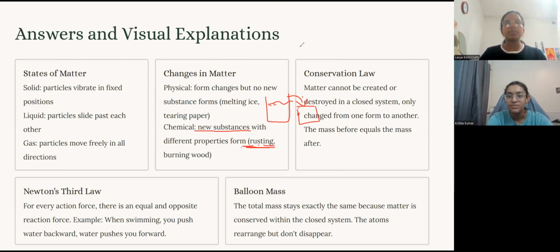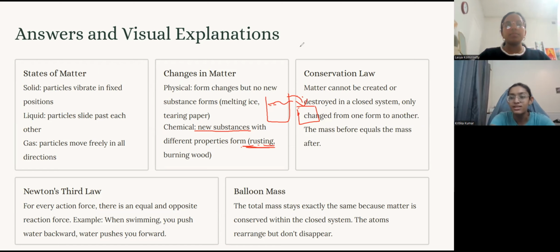Now we're going to talk about the conservation law. The conservation law says that matter cannot be created or destroyed as long as it's in a closed system, and matter can only be changed from one form to the other. That also means that the mass before any changes should equal the mass after.